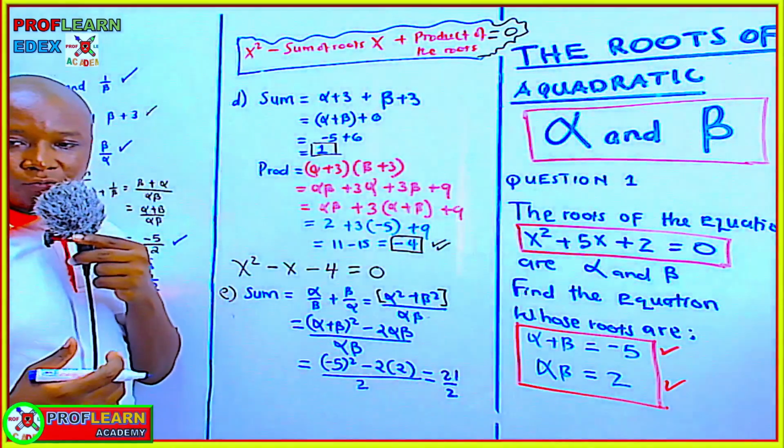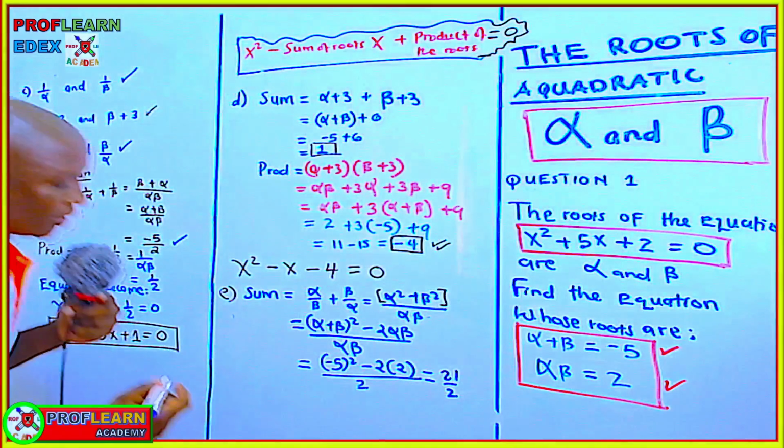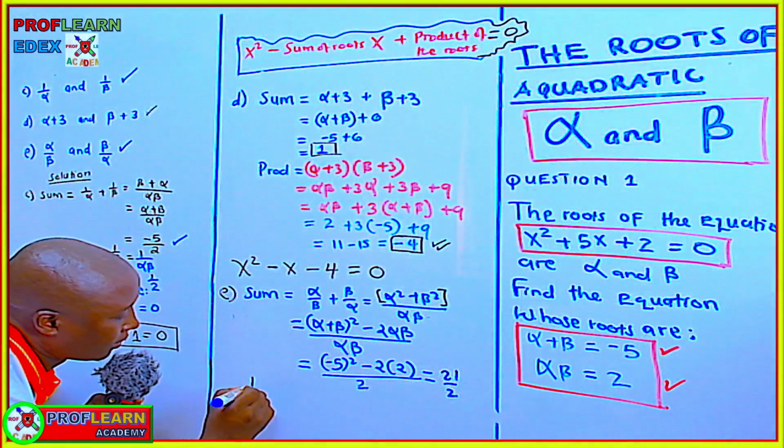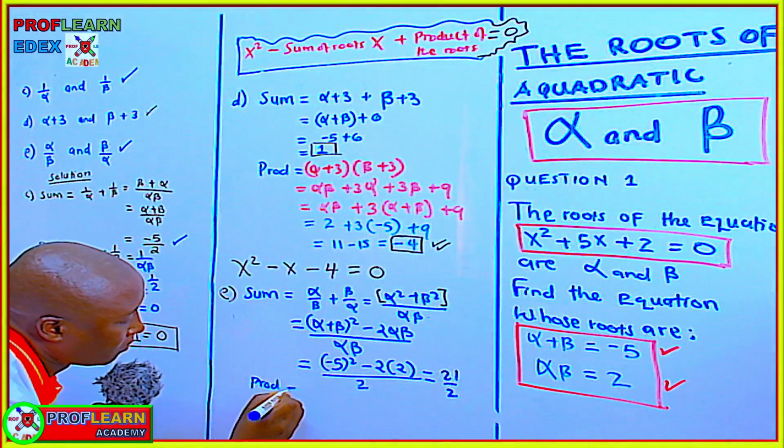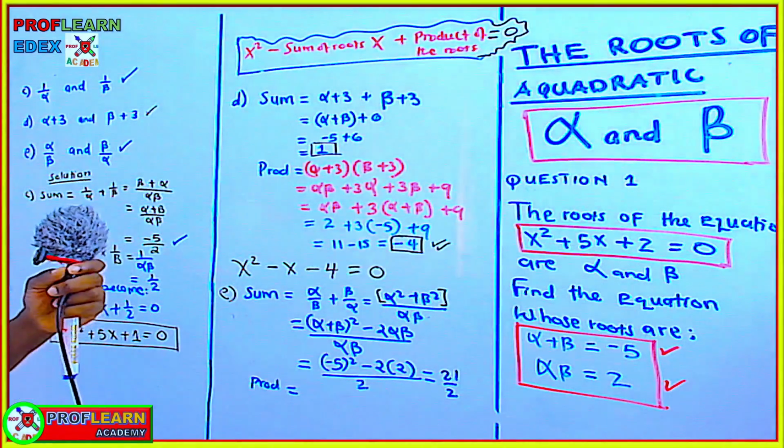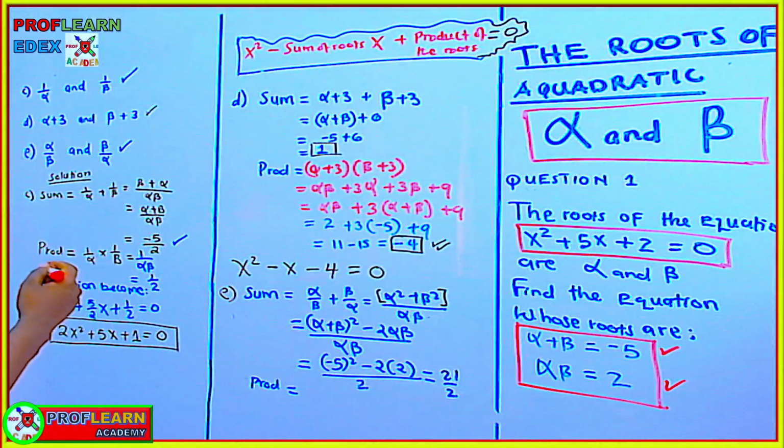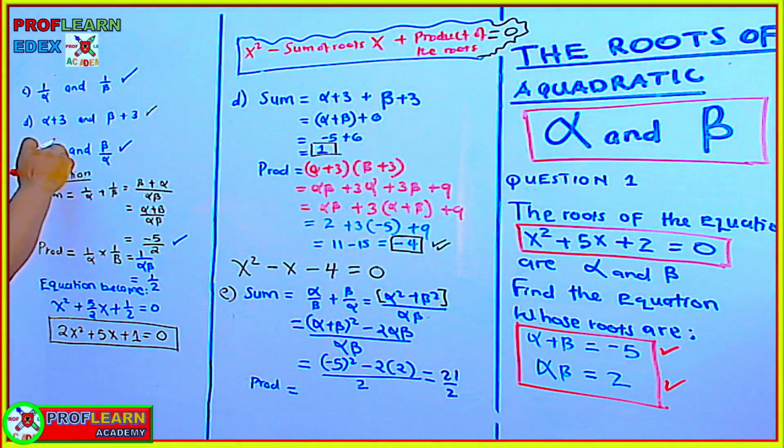Then now we need to find the product. What's the product of the two roots? How will we obtain the product? The product will be alpha over beta times beta over alpha.